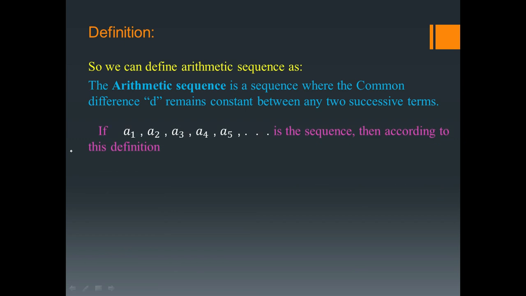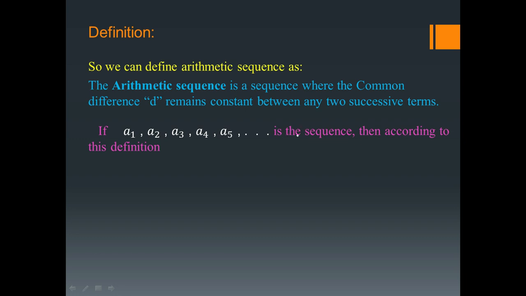For example, we are having this sequence a1, a2, a3, a4, a5: the first term, the second term, the third term, fourth term, fifth term, and so on. This is the sequence.